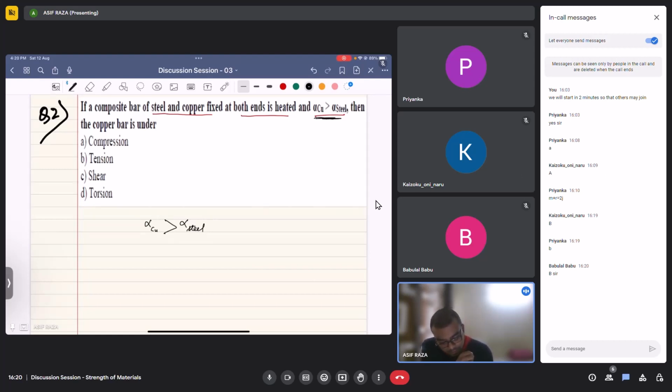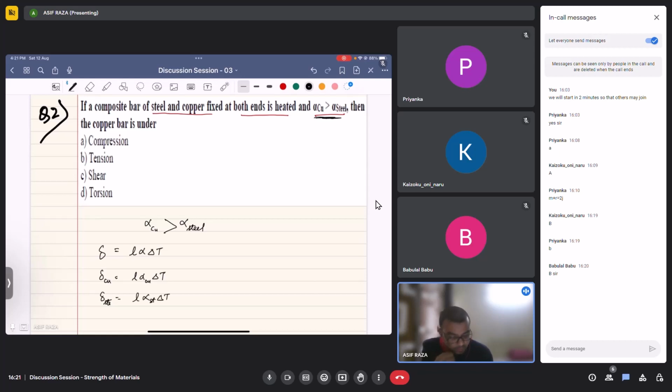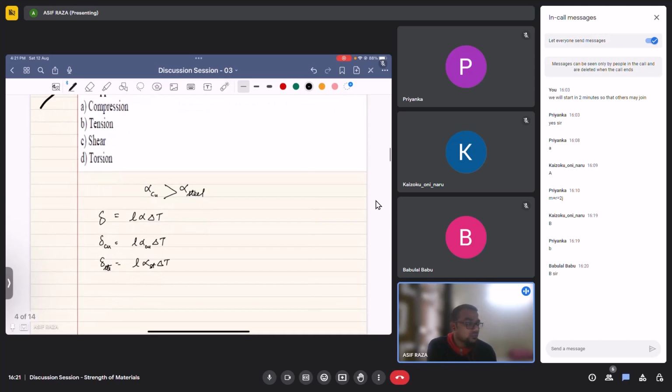In the context of thermal effects, what would be the elongation? It would be L alpha delta T, right? For copper, L alpha Cu delta T, and for steel, L alpha steel delta T would be the normal extension if it happens.